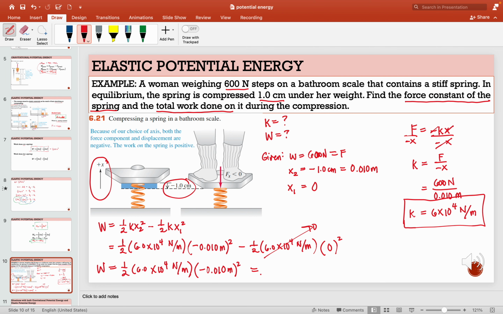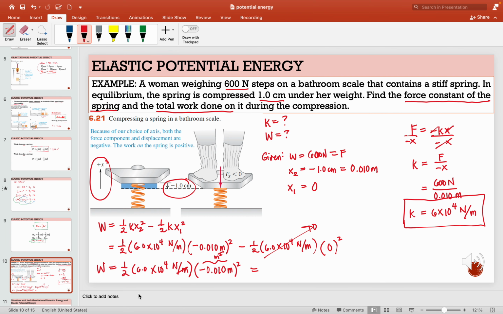That is what remains. Okay. So the meter quantity squared is meter squared, so one meter cancels out with the 1 over meter. So the unit for work is newton times meter, or joules.